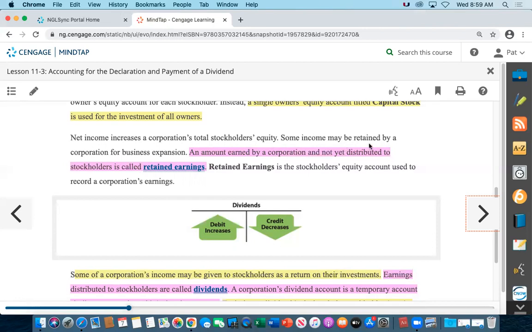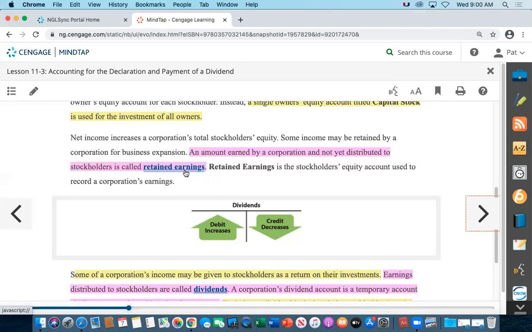Some may be retained for the corporation for business expansion. So when we finish our fiscal period, we will do those financial statements that you did in chapter 8. Now we're going to find net income, and when we close it, this money will go into what's called retained earnings. You might have a balance in retained earnings.